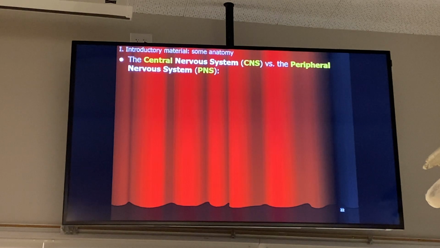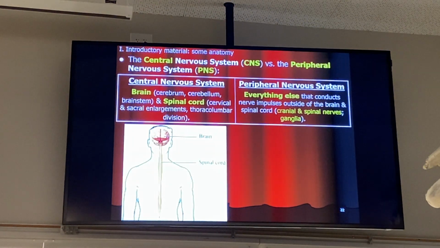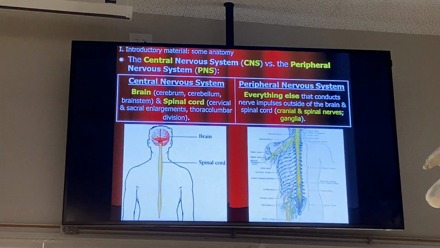Some more anatomy review that I want to get done before Wednesday's lecture. Remember that CNS is the brain and spinal cord. PNS is everything else. This is a gross anatomical distinction. This is not a neurological distinction.